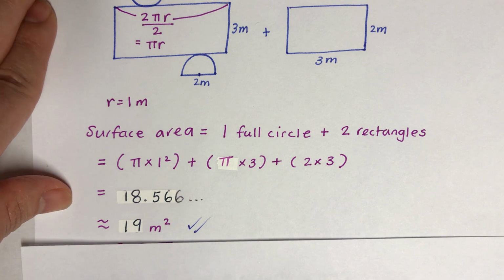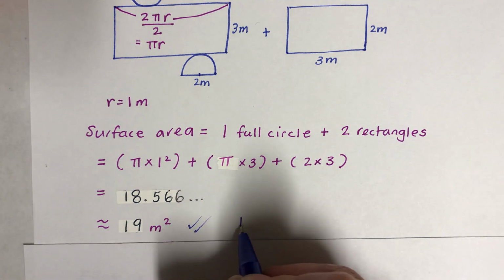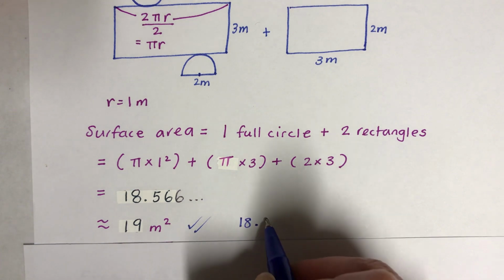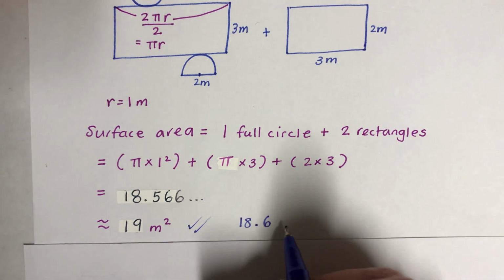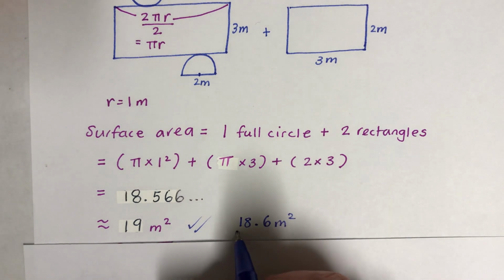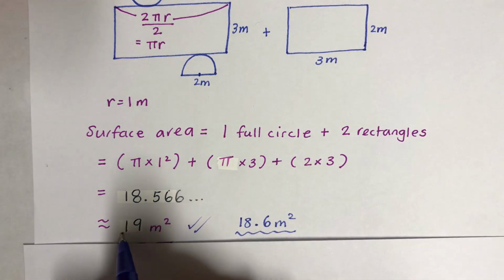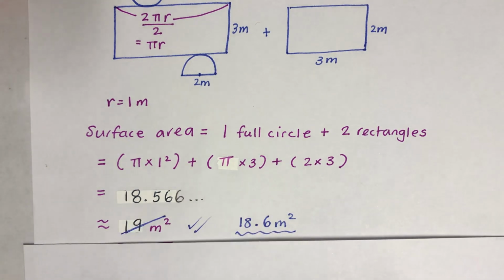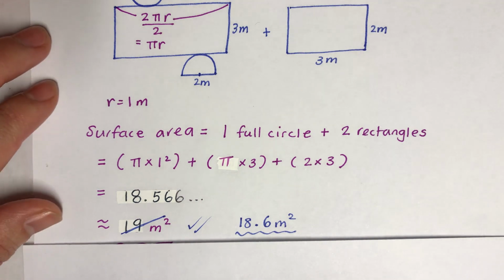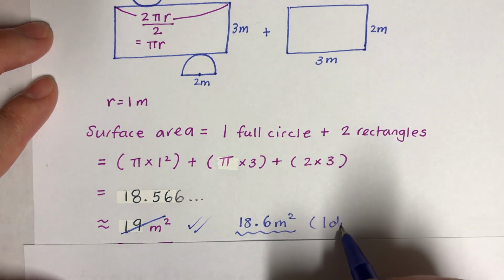So my answer, oops, I didn't do that. Okay, so I'm going to put in 18.6. Good reminder to yourself to answer the question properly. It was supposed to be 18.6, because the earlier form is to the nearest meter squared. So 18.6 meters squared to 1 decimal place.